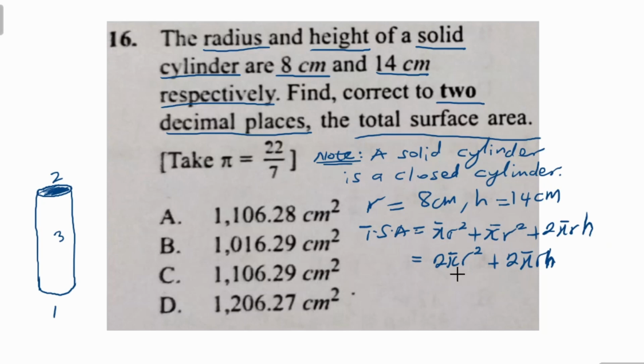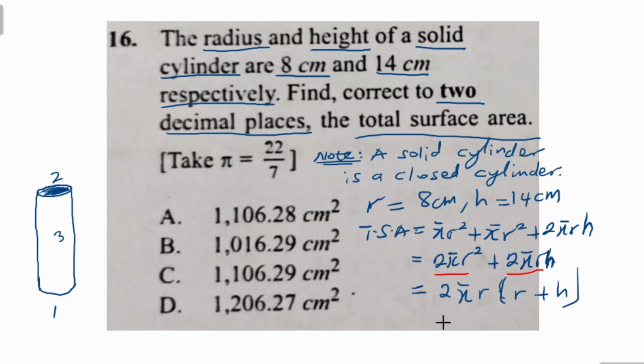Again, we can decide to substitute the values here or still break it down to 2 pi r multiplying. When we divide here by 2 pi r, we are left with r, and when we divide here by 2 pi r, we are left with h. So that becomes the simplified version. You can just substitute the values and work, or you simplify then substitute, just to make the calculation a bit smaller for you.